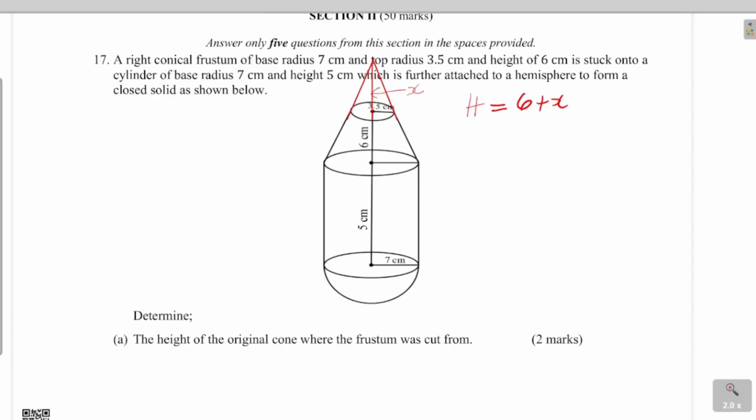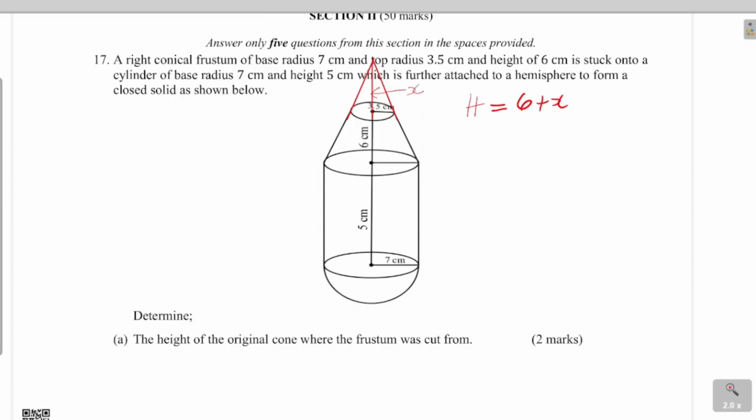What will assist us is similarity, because we have two similar figures, a bigger cone and a smaller cone.